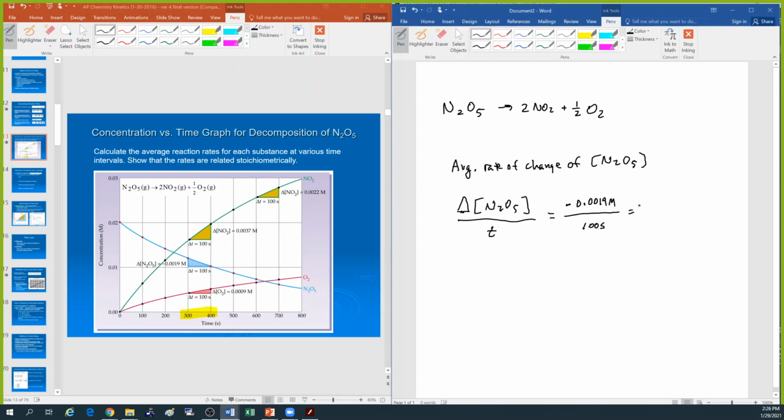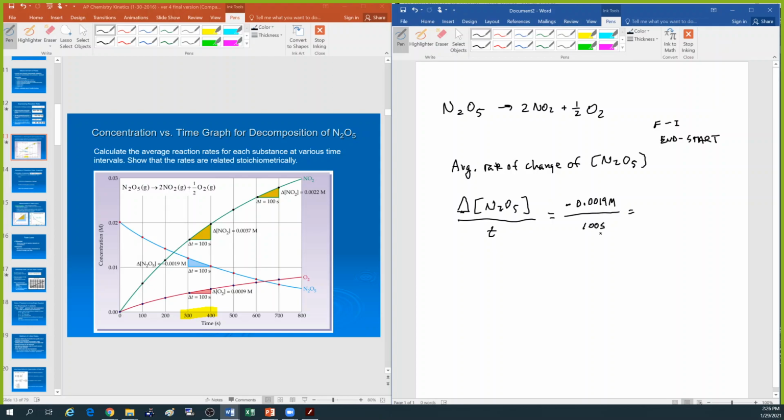It's getting used up. Yeah, it's going down. You can see that by the shape of the graph and by how things are changing. Remember, a delta is always a final minus an initial. So it's always the end point minus the start point. So if you end less than you started, you're going to get a negative number. That means if you're using it up, it's decreasing.